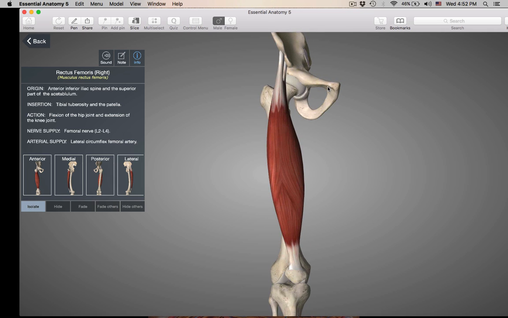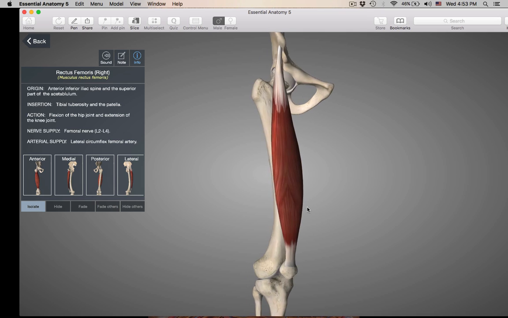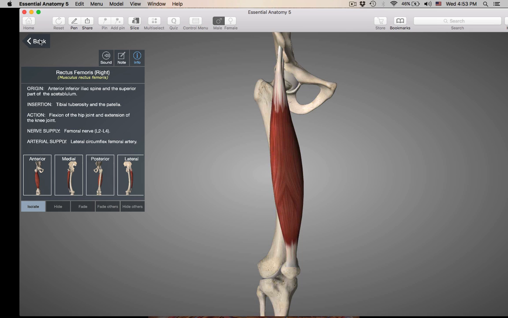But for now, make sure you put the rectus femoris under your hip flexion slot. So rectus femoris, the only quad muscle that crosses 2 joints. It's going to be crossing the knee joint because of the ligament here. So that is your rectus femoris.